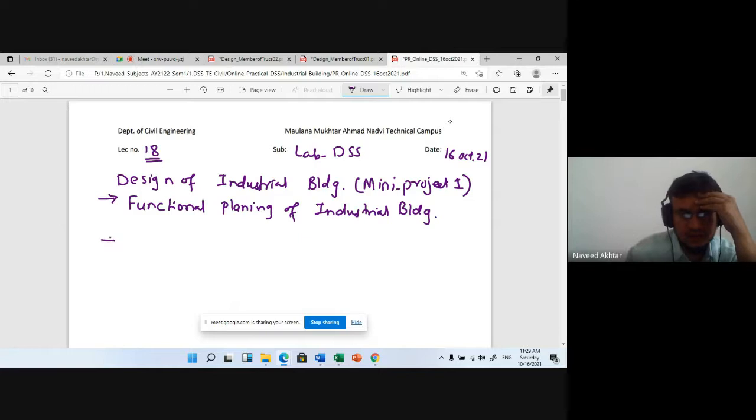Okay, then we have done selection of the roof truss, that is, selection of the type of roofing system.